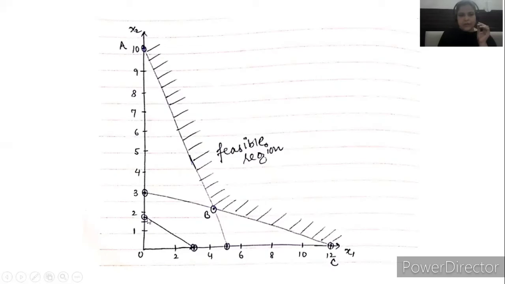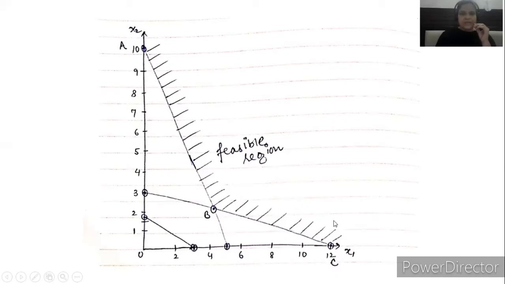Because there is an outward area, this area outside the line. For the second constraint, there are coordinates 0, 3 and 12, 0, this constraint. Again, here is a greater than or equal to sign, it means this area.